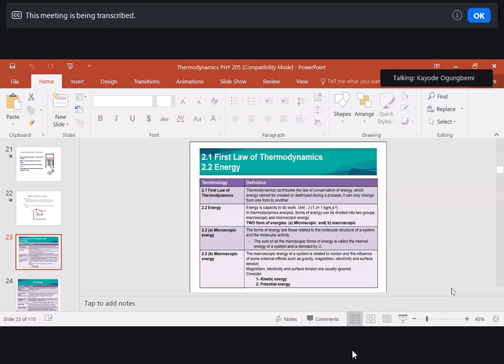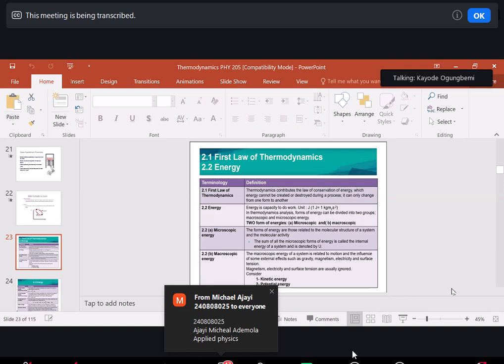Microscopic energy is the energy related to the molecular structure of the system. Then we have macroscopic energy, related to motion and influence. In that case, we are talking about the kinetic energy and potential energy of the system.